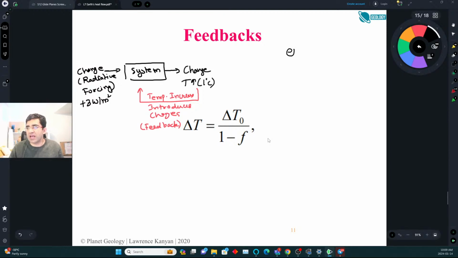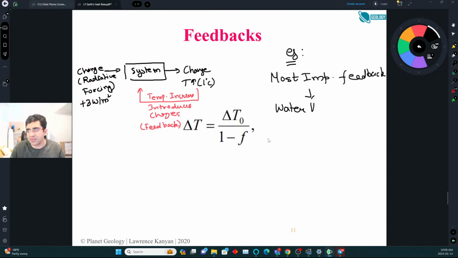So I will give you one example. The most important feedback in all climate systems is what is called the water vapor feedback. Let's say you have warm air versus cold air.